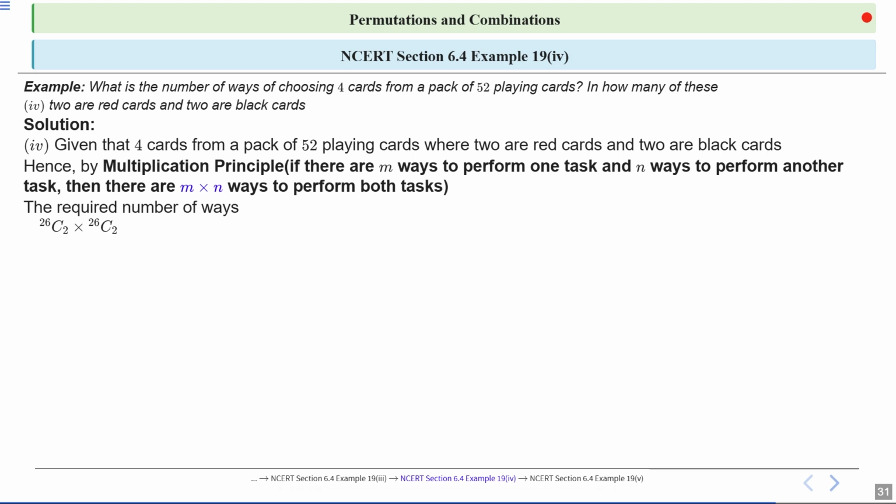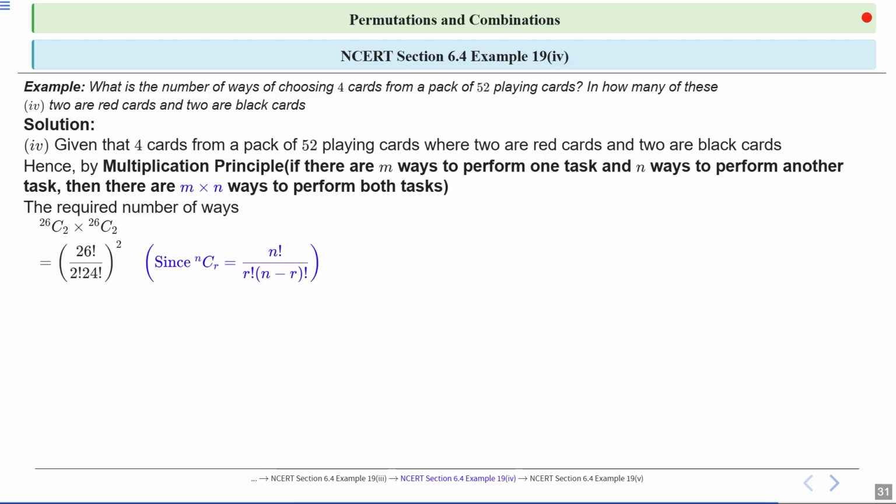Since we have 26 red cards and 26 black cards, we will select 2 cards from 26 red cards and 2 cards from 26 black cards. So the total required number of ways is 26C2 into 26C2.